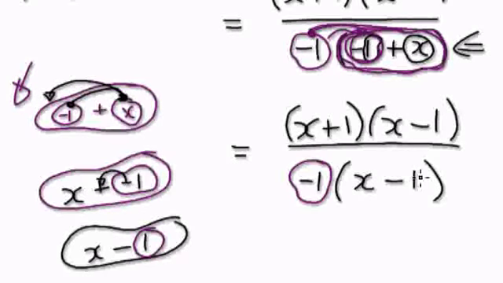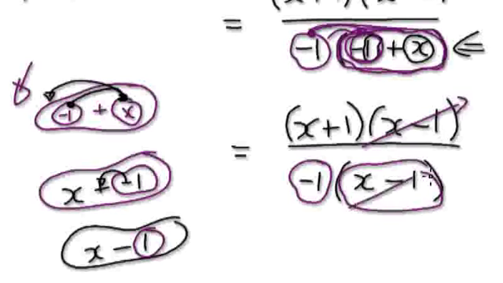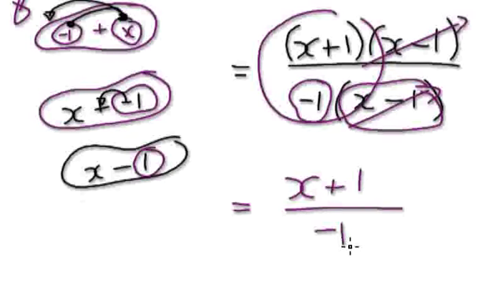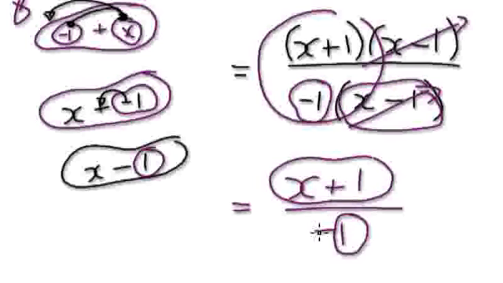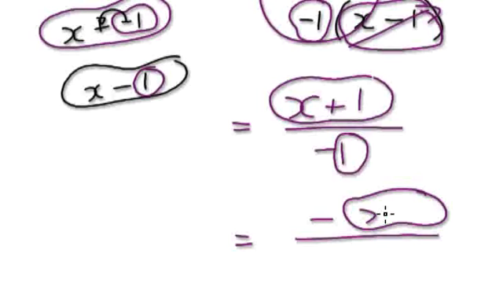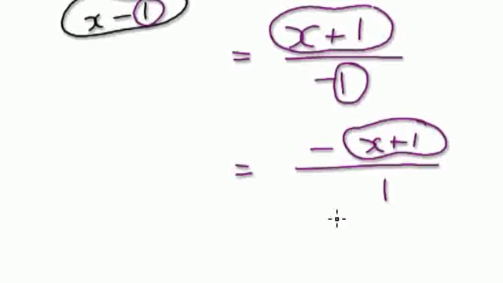So you can imagine it as being this times a bubble here, and then look at this here. This cancels out with this. All that you're left with is x plus 1 over minus 1. You can imagine this as a bubble here, and then you can move the minus up, so it becomes x plus 1 over 1.